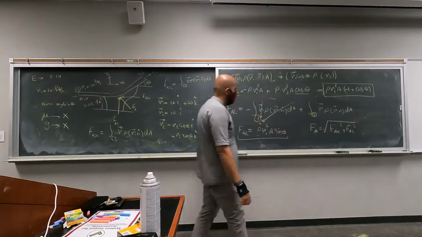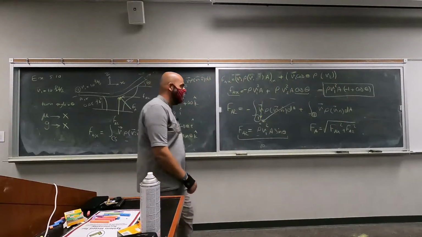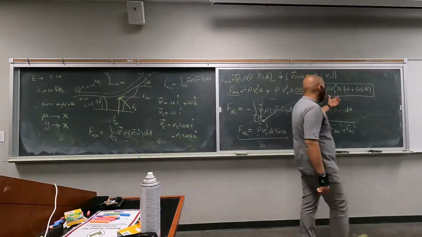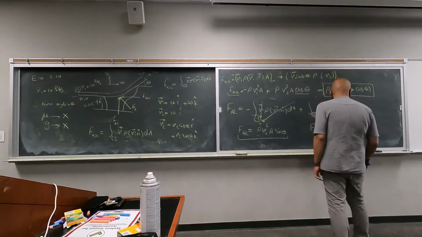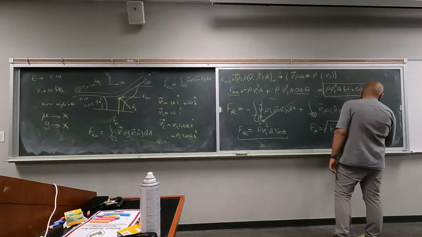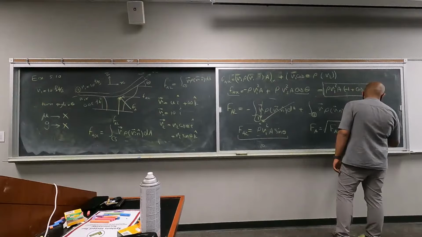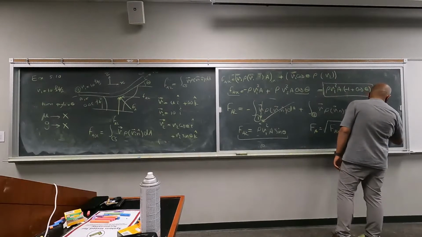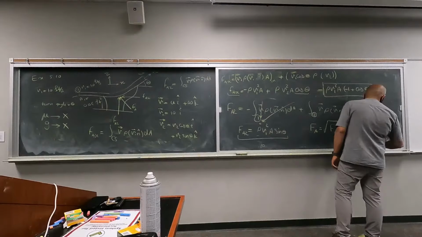Right? What is F_Ax squared? This squared. And I'm going to just write it after all of the simplification. You can take rho v1 squared A out of the square root, and you have 1 minus cosine of theta, squared, plus sine squared of theta.